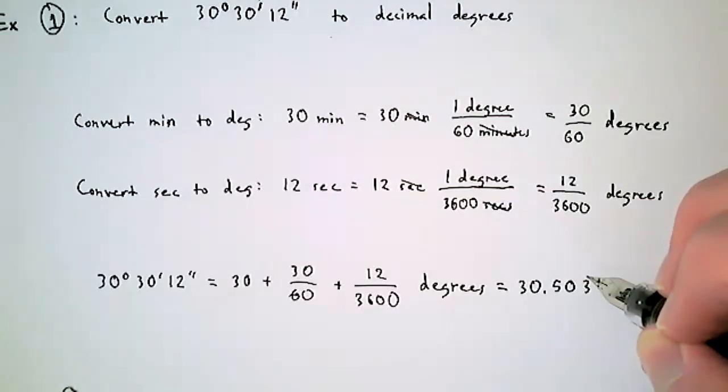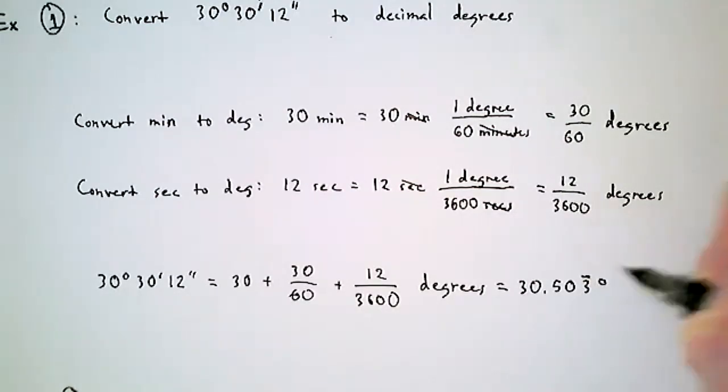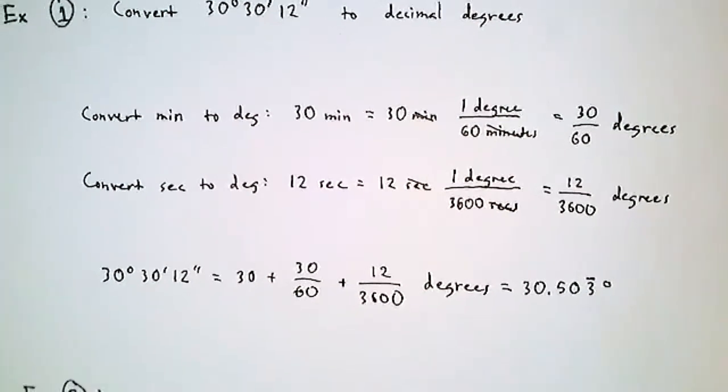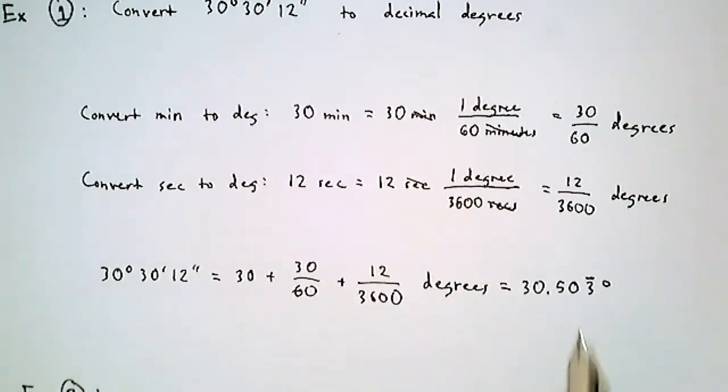And this 3 here is actually repeating, though in most cases we would probably just round to some finite precision. Okay. Any questions over how we converted this measurement into a decimal number?